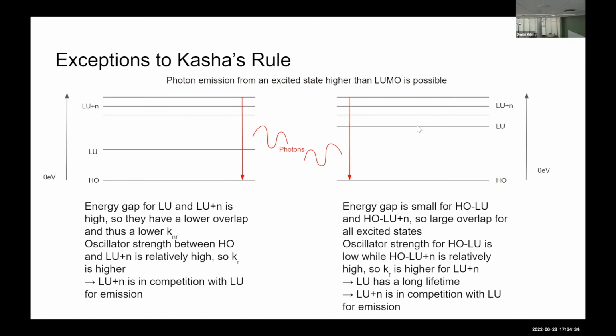So then we will be about just as likely to see a transition from HOMO to LUMO releasing a photon, as well as a higher LUMO state releasing a photon.